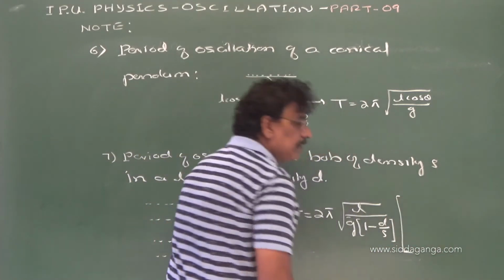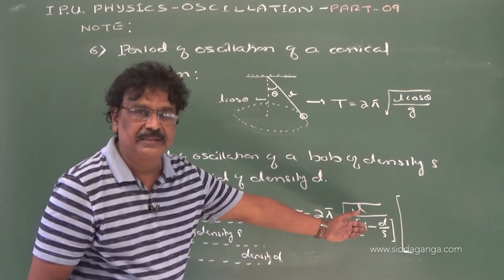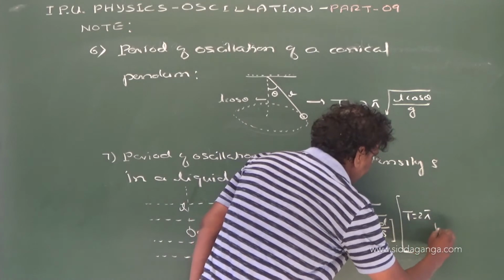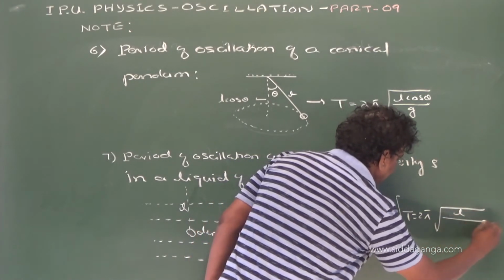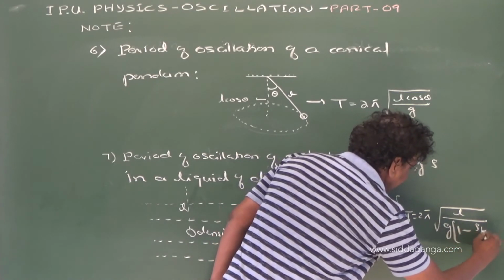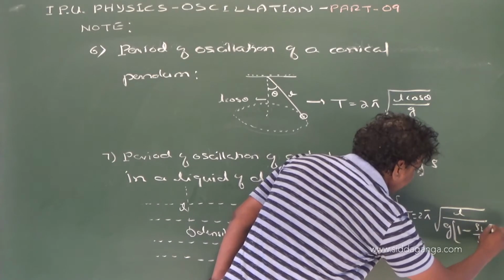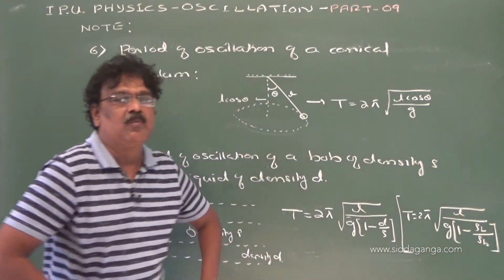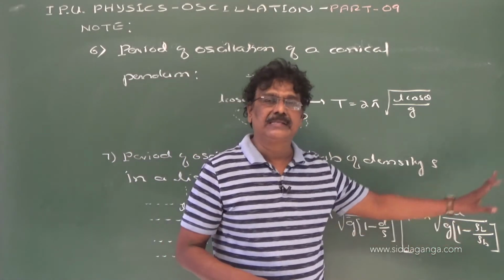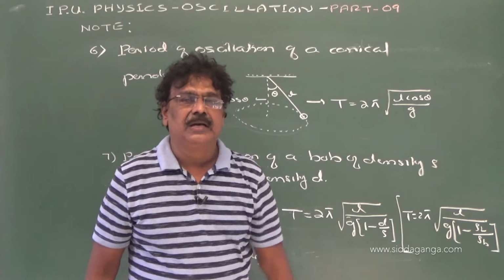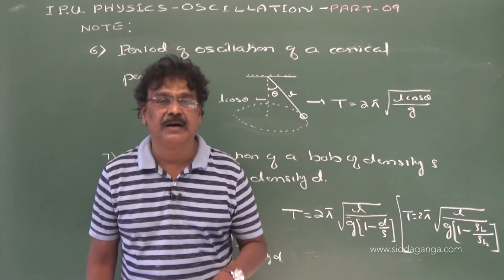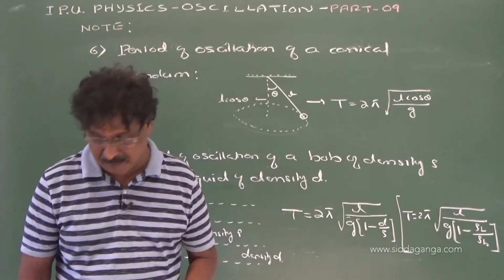For our convenience, if we get confused with that small d, T is equal to 2 pi into square root of L by g into 1 minus density of the liquid by density of the bob. It is easier to remember. Clearly, rho L is the density of the liquid in which the bob is oscillating. Rho B is the density of the material of the bob.